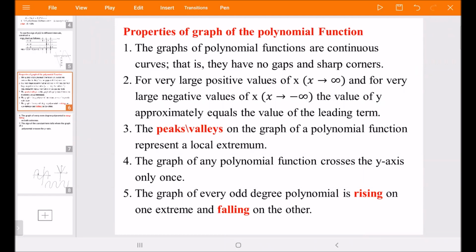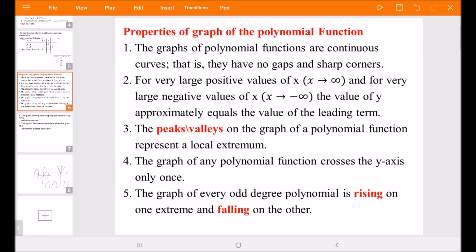So for very large positive values of x, that is as x approaches positive infinity, and for very large negative values of x, as x approaches negative infinity, the value of y approximately equals the value of the leading term, or the functional value of the polynomial is solely determined by the leading term. The other terms of a polynomial may have an effect, but they lose their effect after some point.